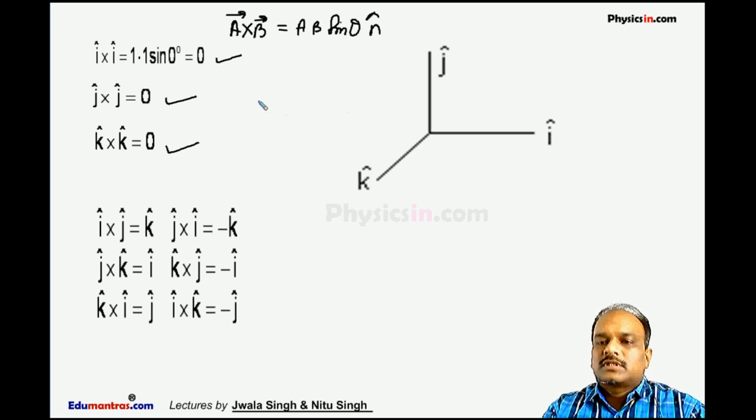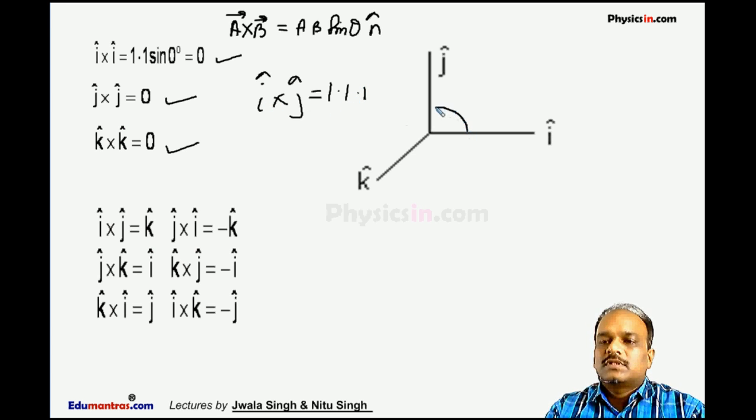Now I cross J. I cap cross J cap: mod of I cap is 1, mod of J cap is also 1, and the angle between I and J is 90 degrees, so sin 90 is 1. For the direction, if we rotate I cap towards J cap, then the thumb will point in the direction of K cap.